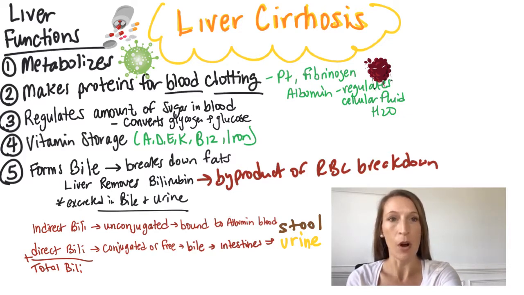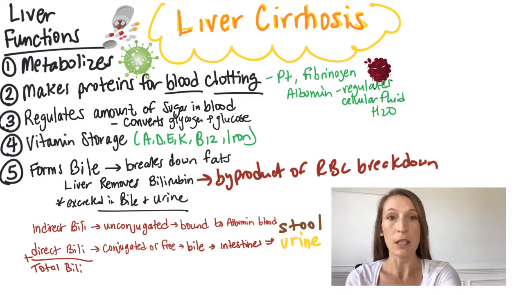So it makes prothrombin and fibrinogen, which makes the netting for the clots in our body. It also makes albumin. Now, albumin is not a blood clotting protein, but it is a blood protein that is made that helps regulate cellular fluid in the body and water in the vessels.